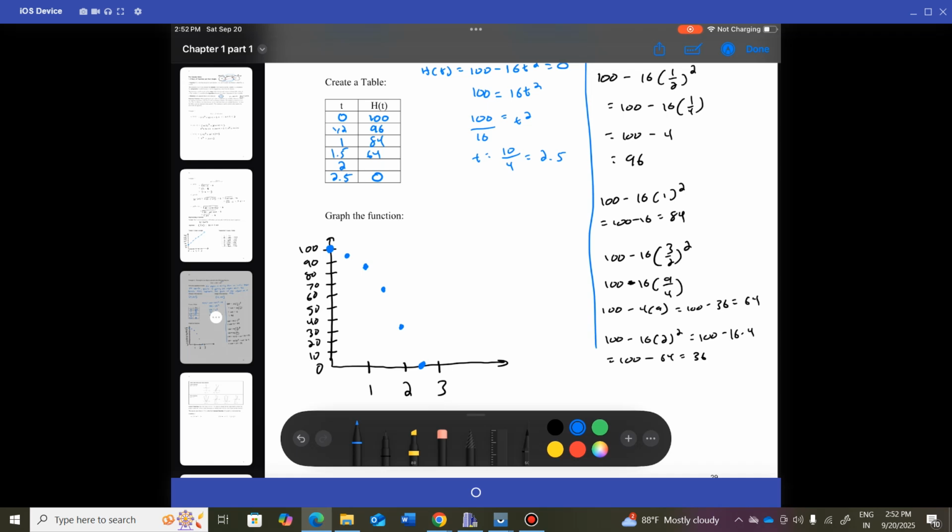Right. So we can see it doesn't make a straight line, it's more of a curve. And it looks like that. Break these apart so you can see what we did where.